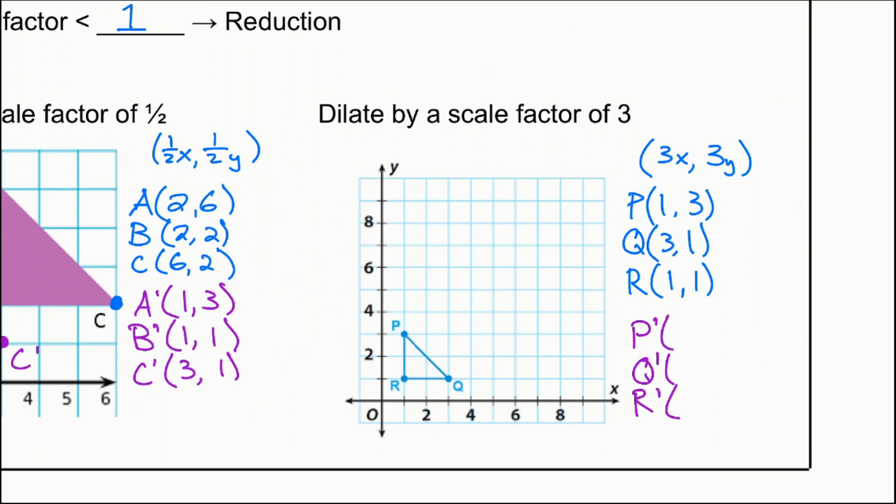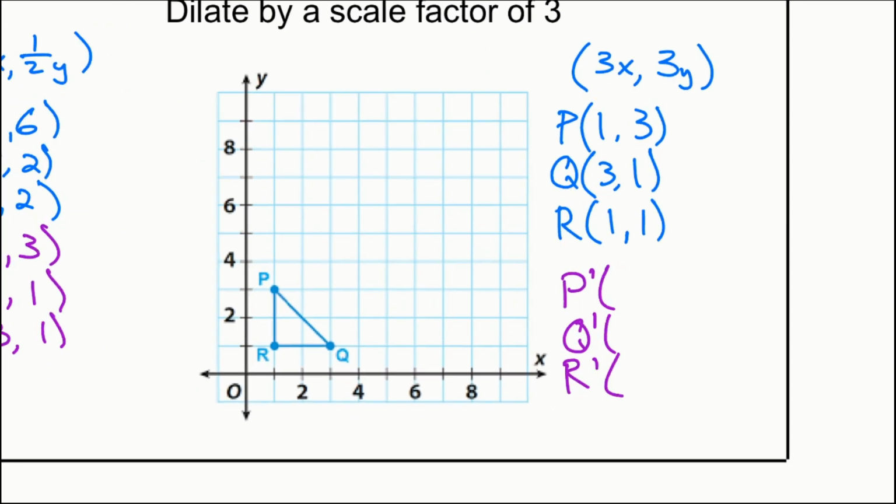Okay? So when I multiply my pre-image all by 3, 1 times 3 is 3, 3 times 3 is 9. So 3, 9 is where P prime will be. 3 times 3 is 9. 1 times 3 is 3. So 9, 3 is where Q prime will be.